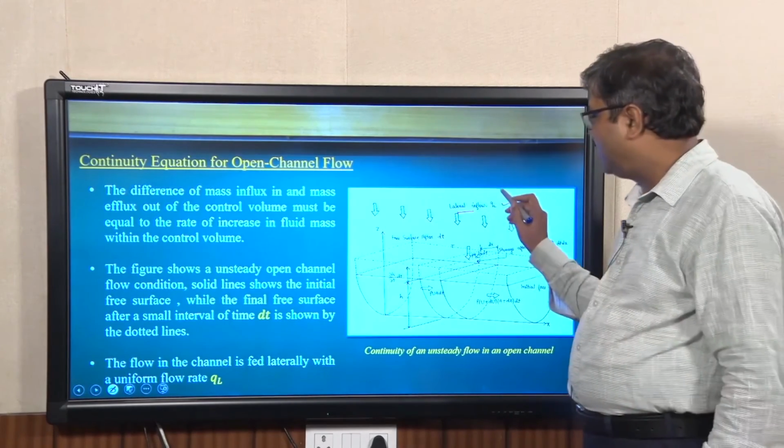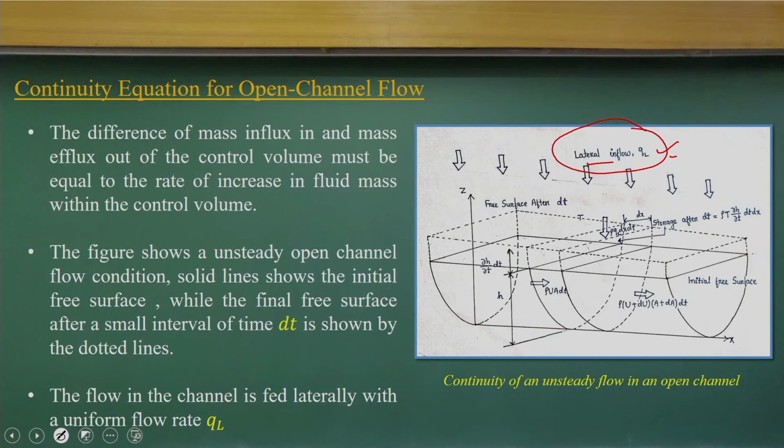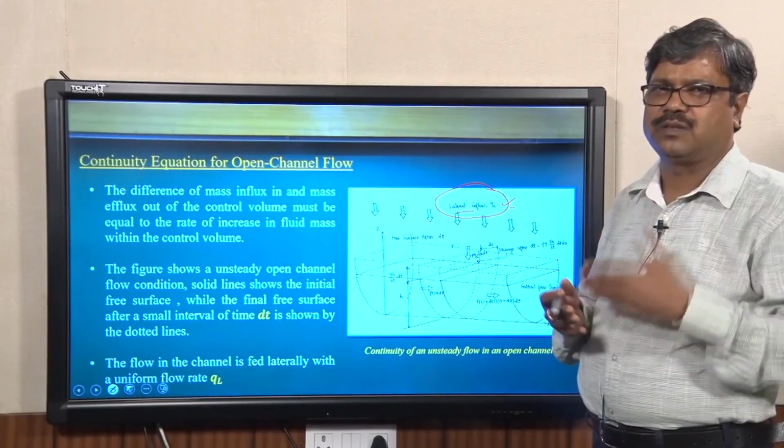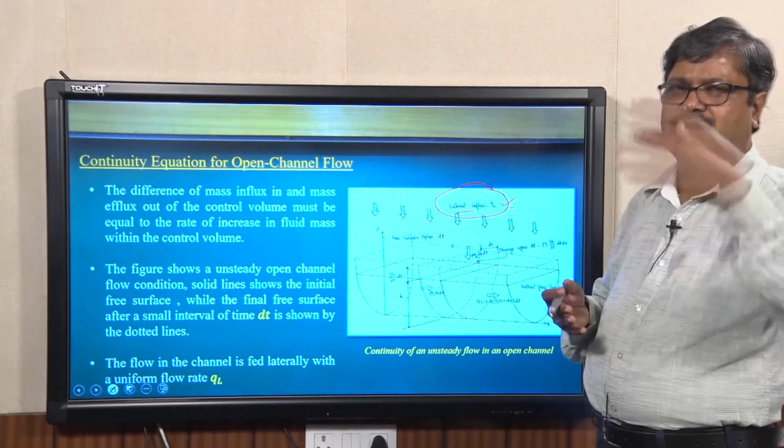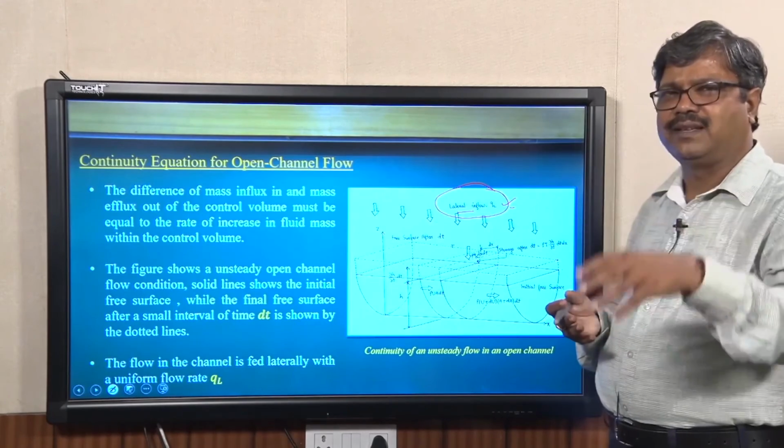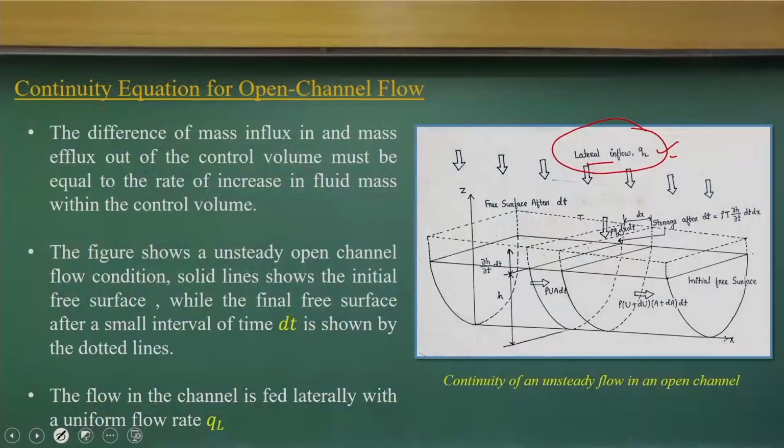So, you will have a lateral inflow to this control volume, which is quite different from other fluid mechanics problems. When you take a river, there is an exchange of water from river to groundwater, groundwater to river, and also exchange of water between the river and the atmosphere, as rain happens. That is the reason we can say lateral flow happens to the control volume.